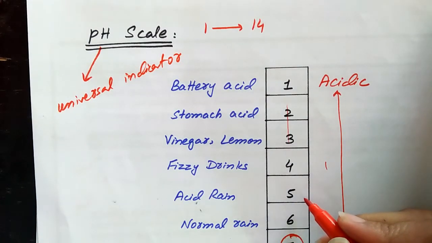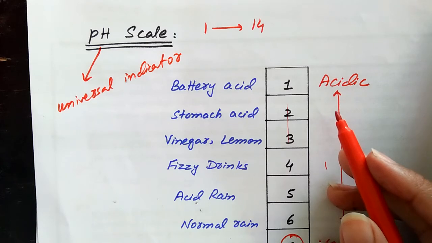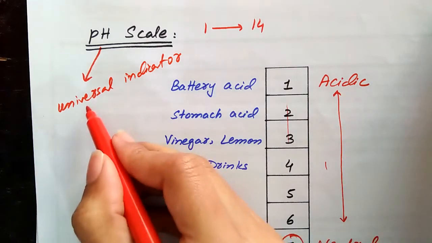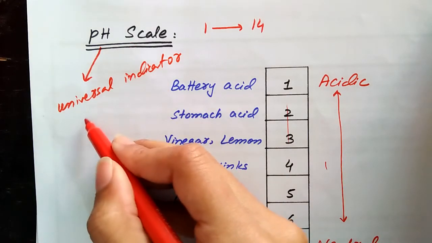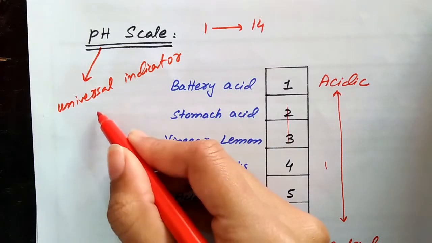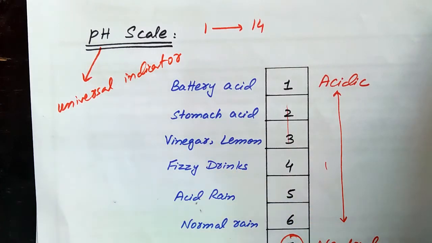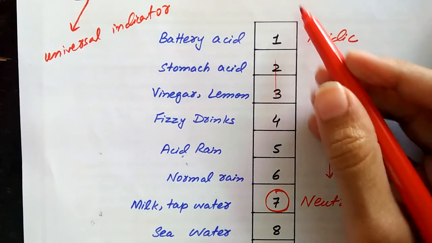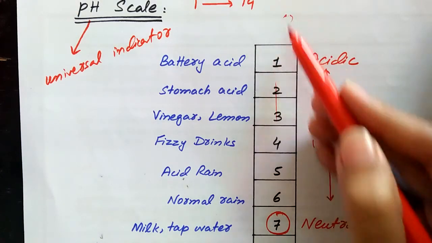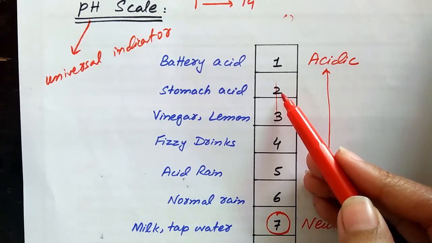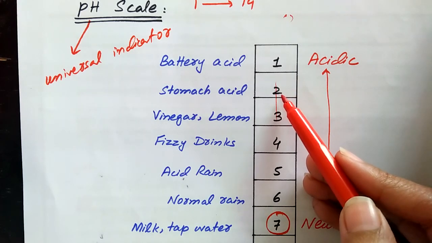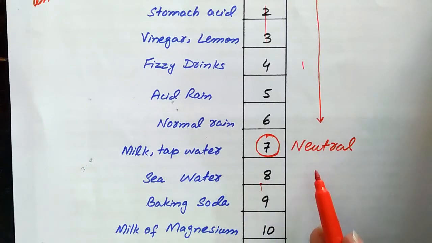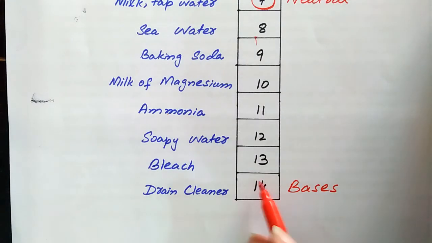This universal indicator represents different color ranges, and these color ranges show us the pH value of the solution that we discussed here. So pH 0, 1 or 2 represents extremely acidic, 7 being neutral and 14 being extremely basic in nature.